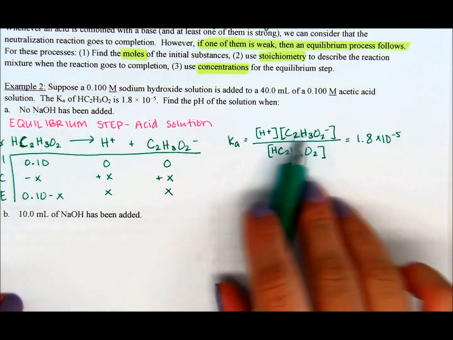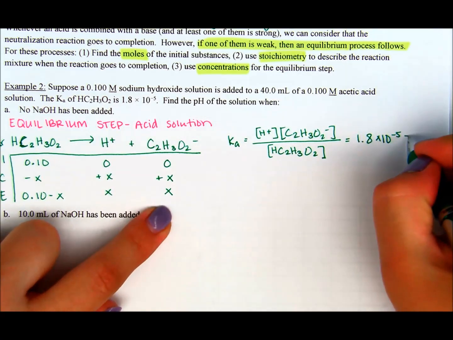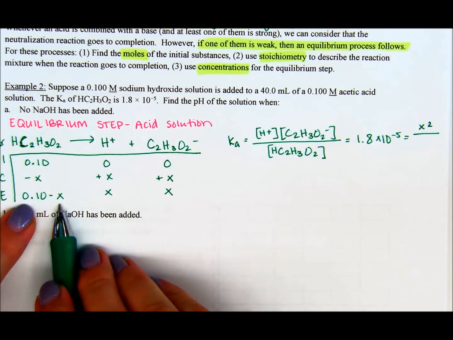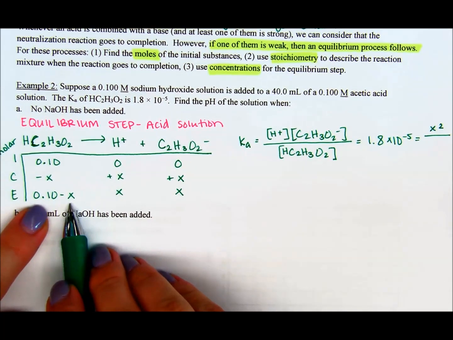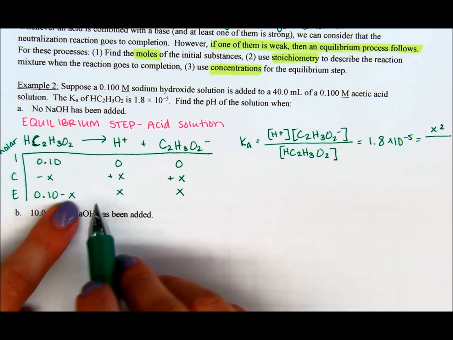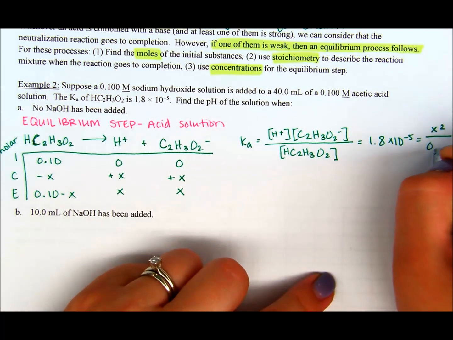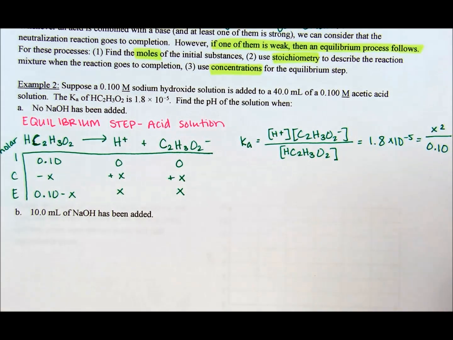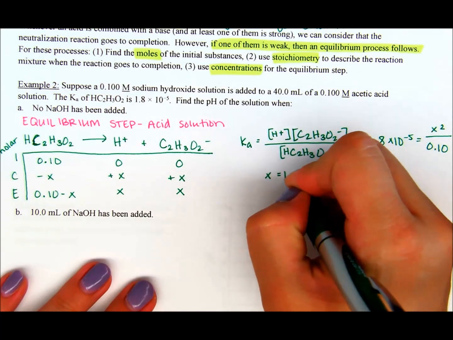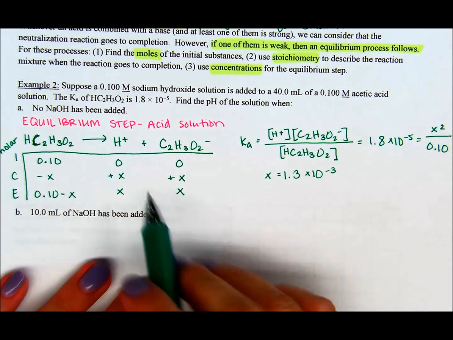Then we're just going to plug everything in. So we have x times x, which is x squared, over 0.1 minus x. Because again this is a weak acid, as we've been doing all along, we're going to ignore this x, assuming it's a very small amount when compared to 0.1 molar. So this would just be divided by 0.1. And then overall you get x equal to 1.3 times 10 to the negative 3. Okay, so that's our x.